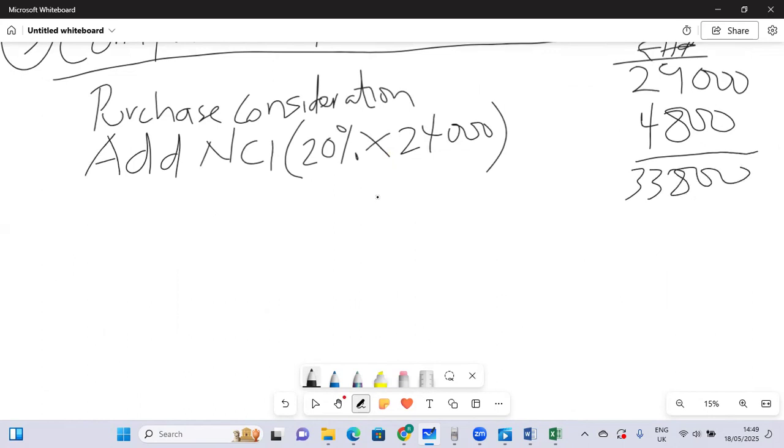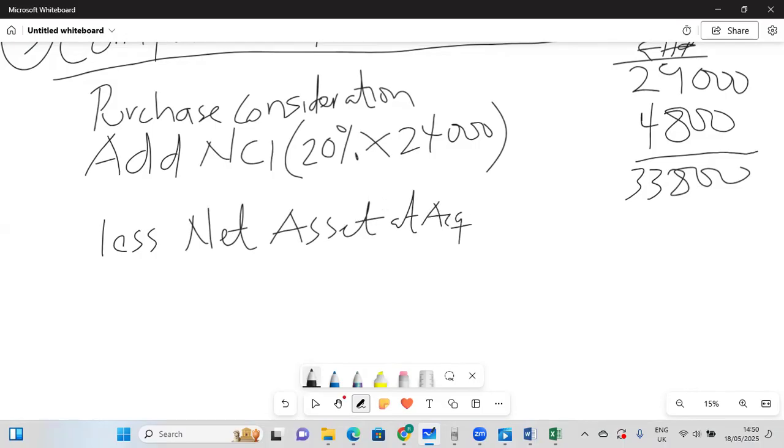Now, after doing that, we less our net assets at acquisition. So less 24,000, or workings 2.